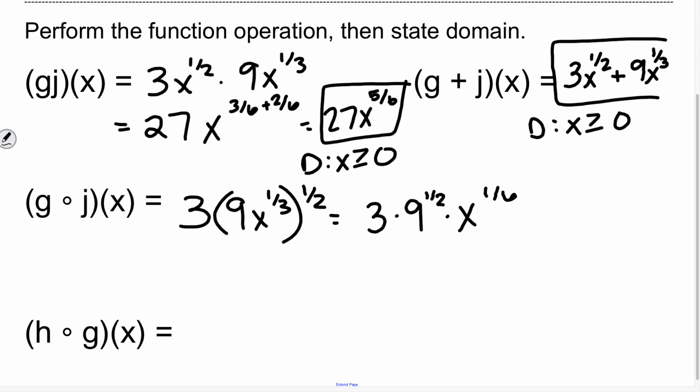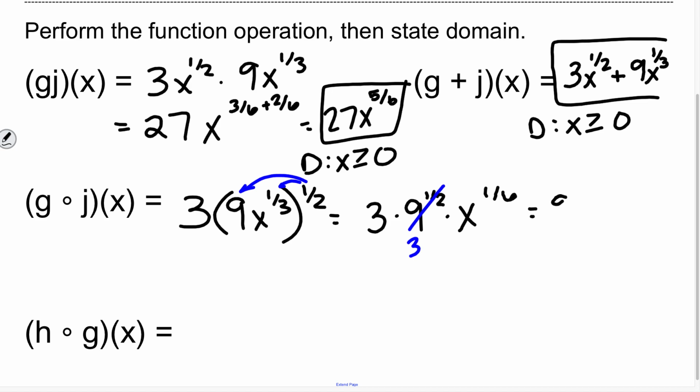So if I ignore the 9 there, it's x to the 1/2 raised to the 1/3, and then I multiply my exponents. But notice on this one that if you have something that's being multiplied inside, it applies to that 9 as well. What is 9 to the 1/2? 3.